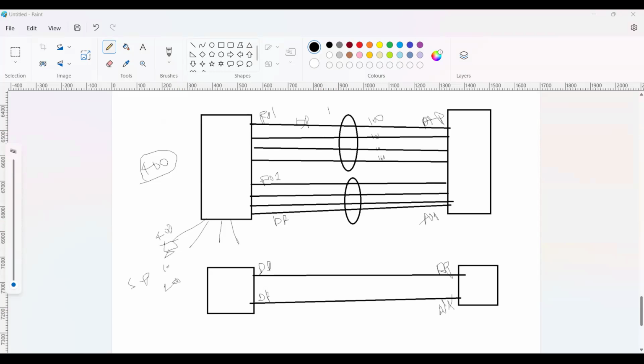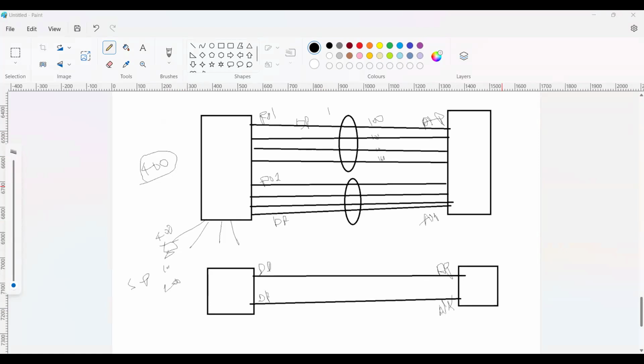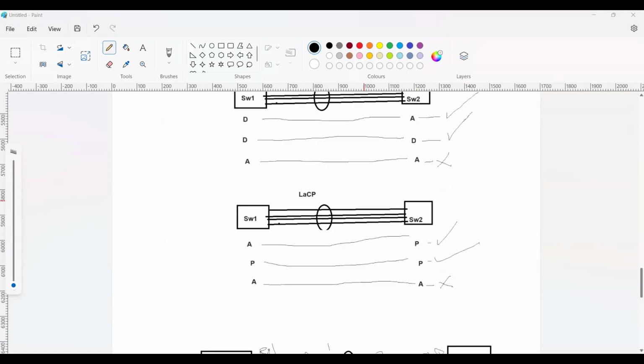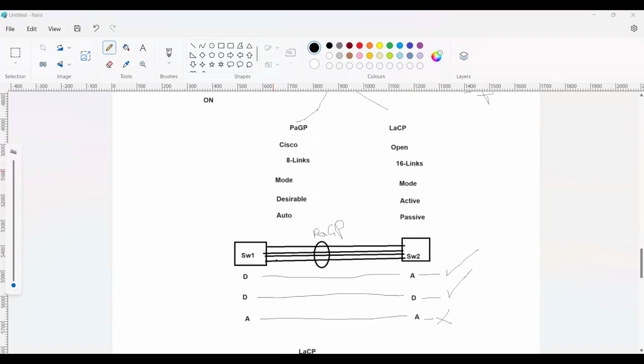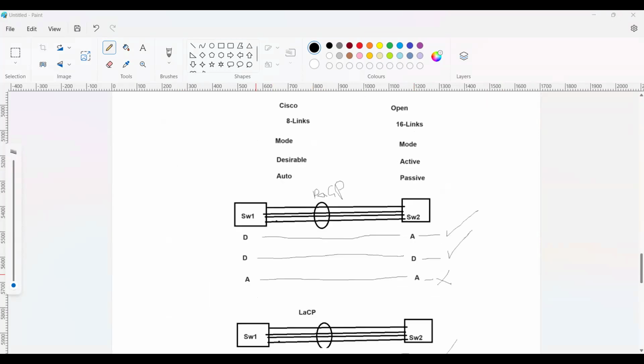What about the case of auto to desirable in PAgP? In PAgP we have discussed three cases. There is one more possible case, from auto to desirable. This is auto and this is desirable. Here, EtherChannel will be formed in between.